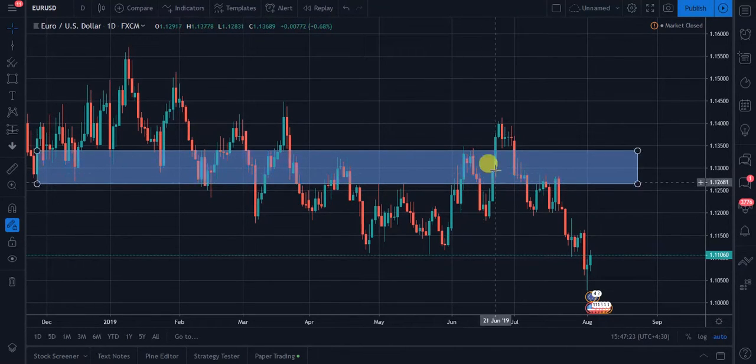Here it is a fake breakout. So as you can see, we also have a head and shoulder pattern, so that we can avoid the fake breakouts.